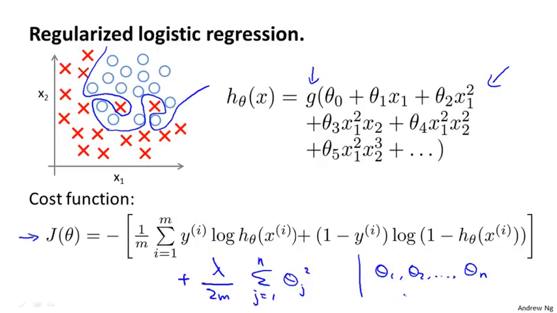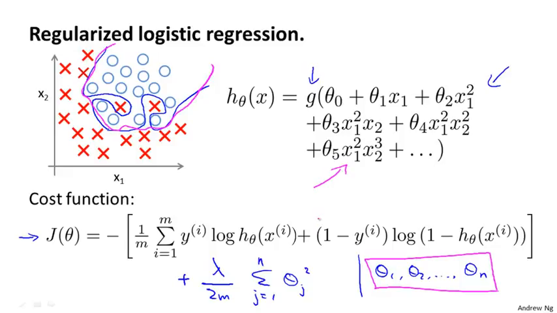Even though you're fitting a very high order polynomial with a lot of parameters, so long as you apply regularization and keep the parameters small, you're more likely to get a decision boundary that looks more reasonable for separating out the positive and the negative examples. So when using regularization, even when you have a lot of features, the regularization can help take care of the overfitting problem.